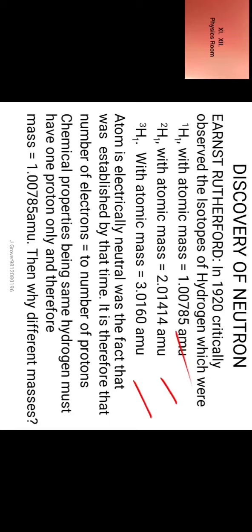Now chemical properties being same, hydrogen must have one proton only, and therefore mass should be equal to 1.00785 atomic mass units. Then why different masses? Why hydrogen atom has different masses?